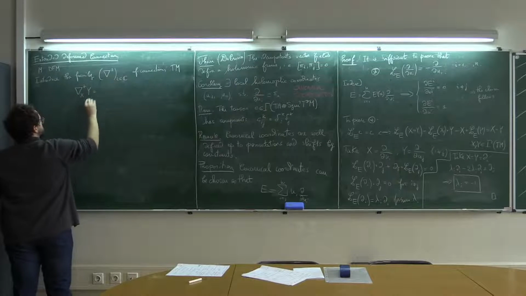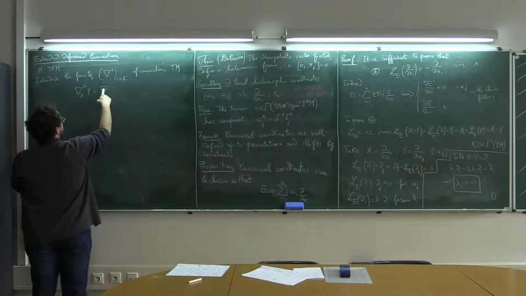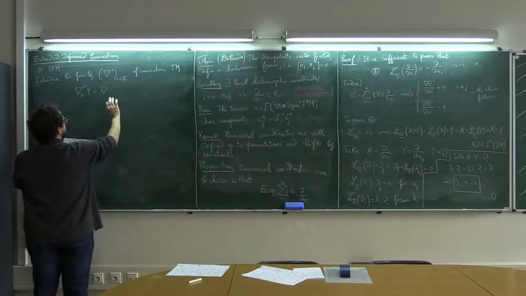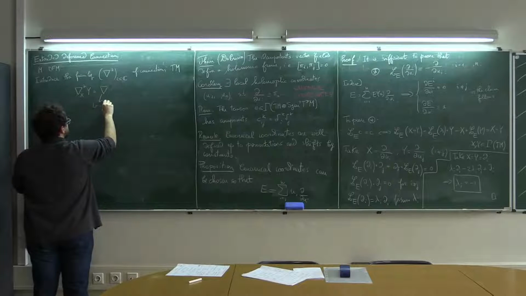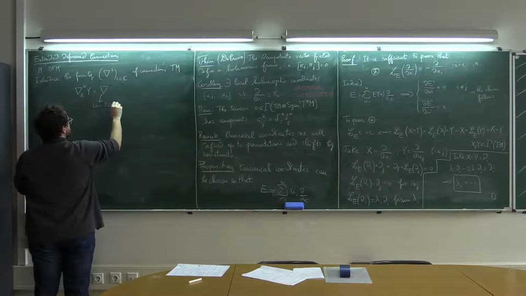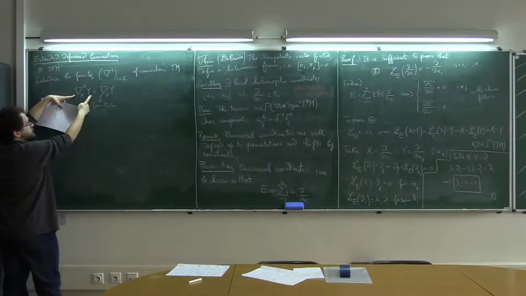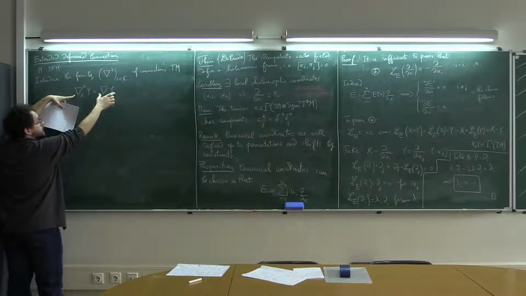I need to define this symbol. Well, I will denote as usual by nabla without upper index the Levi-Civita connection of eta. And I will define this connection as a deformation of this vector field.